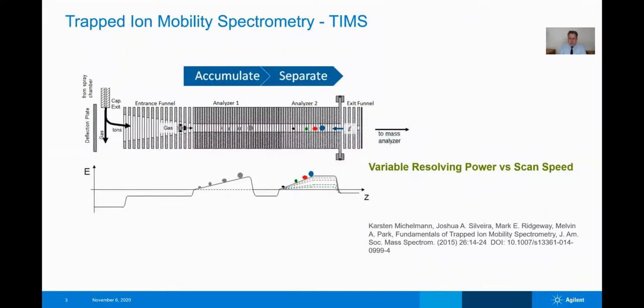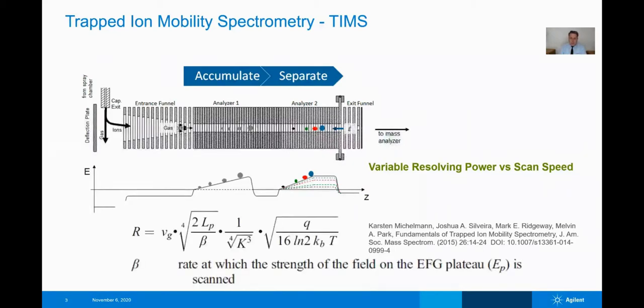This is offered by Bruker and was introduced in 2016. The analyzer is composed of two sections, one that accumulates and a second that does the actual ion mobility separation. This can be achieved at various release rates of the ions through that analyzer section and the exit funnel. The resolving power is increased as that scan speed is decreased, by the 1/4 power.